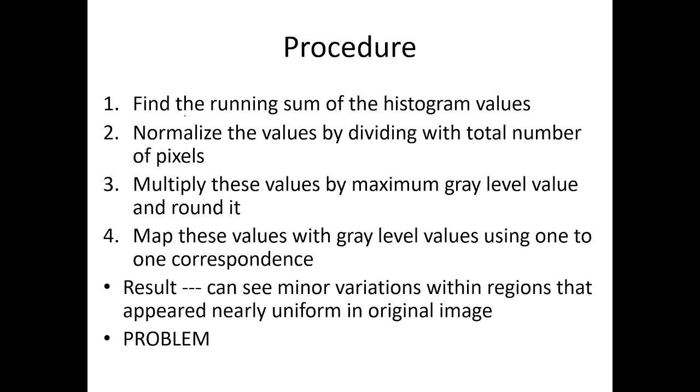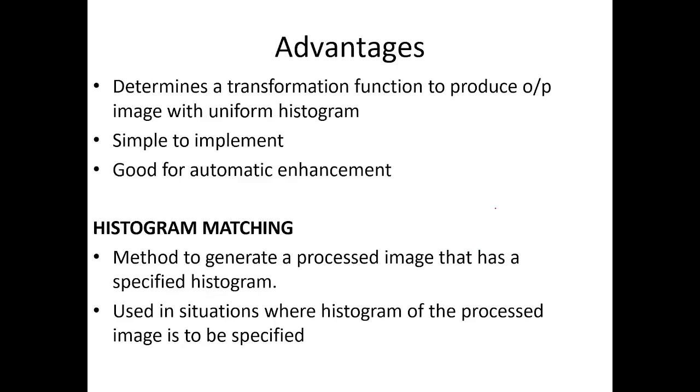This is how you get the new pixel value, with the gray value gradually increased toward a uniform image. This is how equalization is calculated. It is very simple to implement, and the transformation is automatic.